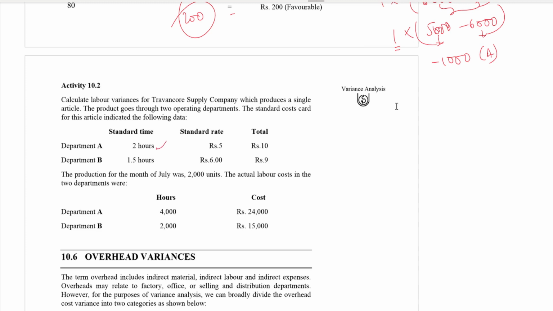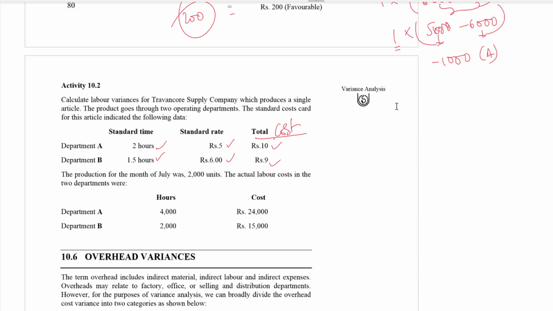So if they are producing one unit, the process goes through two departments, and in each department the time taken is given here, 2 hours and 1.5 hours, and the rate charged by the labor is 5 rupees and 6 rupees in each department, and the total cost in each department is 10 rupees and 9 rupees, given here.